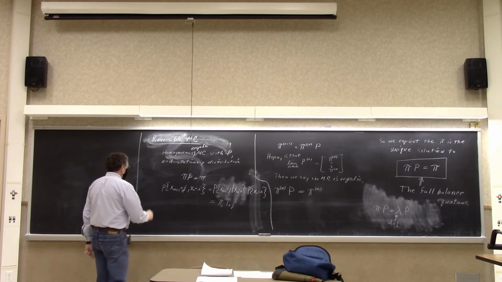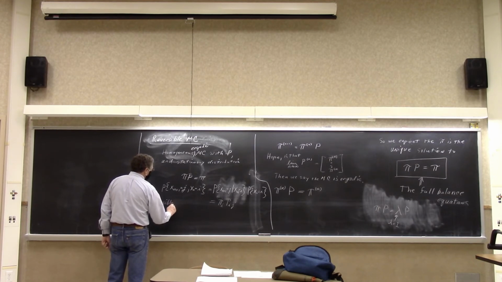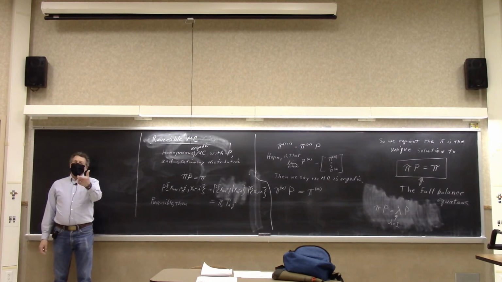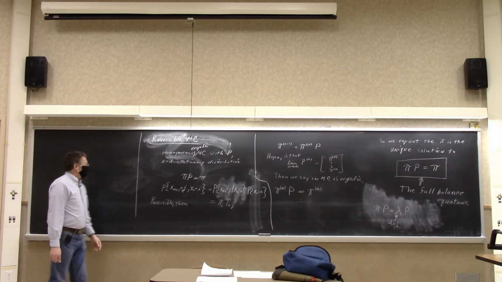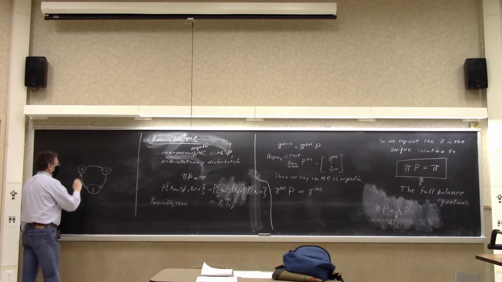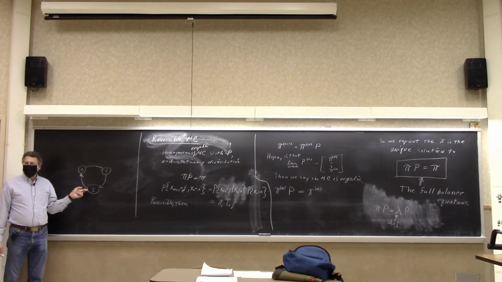Now, if it's reversible, what does that mean? Intuitively, it means that if I run the Markov chain forward in time, it should look the same as if we run it backward in time. Just to get some intuition going here, we have 0, 1, 2. That's a Markov chain. These are the 3 states, and it just goes click, click, click, click.